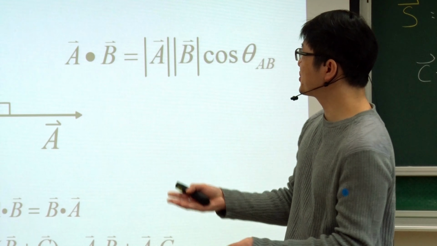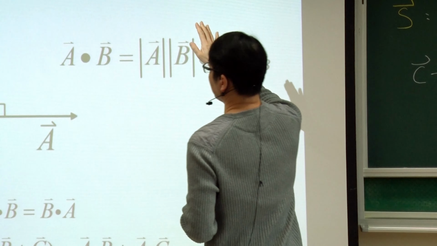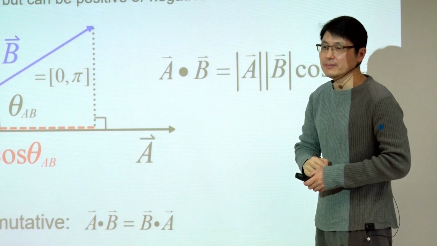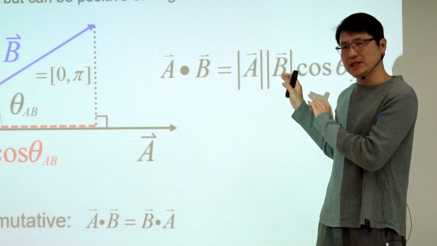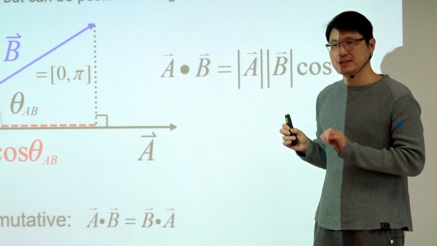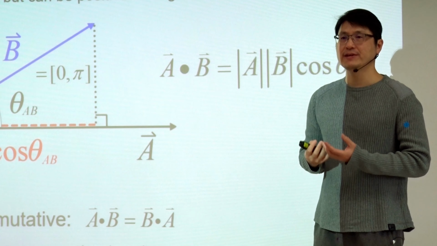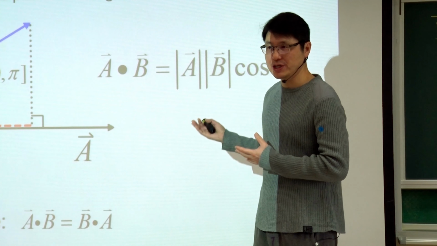Again, I'm a very nice teacher, right? I always provide the answer in my slide, and usually it's the first sentence. So as you can see, even though what I'm trying to teach today is purely mathematics, I am still trying to bring out the physical meanings behind all these mathematical operations.